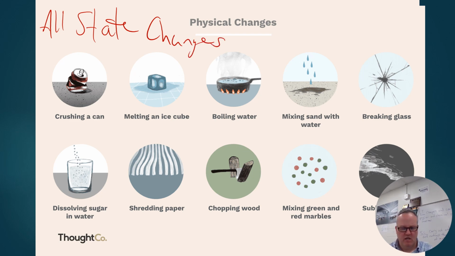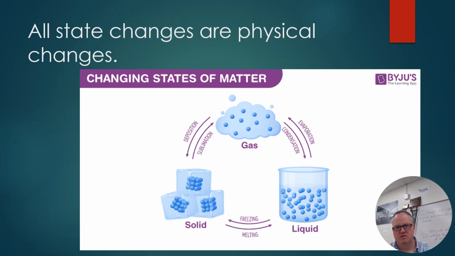So whether it's melting, freezing, vaporizing, condensing, sublimating, deposition, all of those things, those are just state changes. Those are just physical changes. State is a physical property of matter. So if you change that physical property, it's just a physical change. Again, all state changes are physical changes.